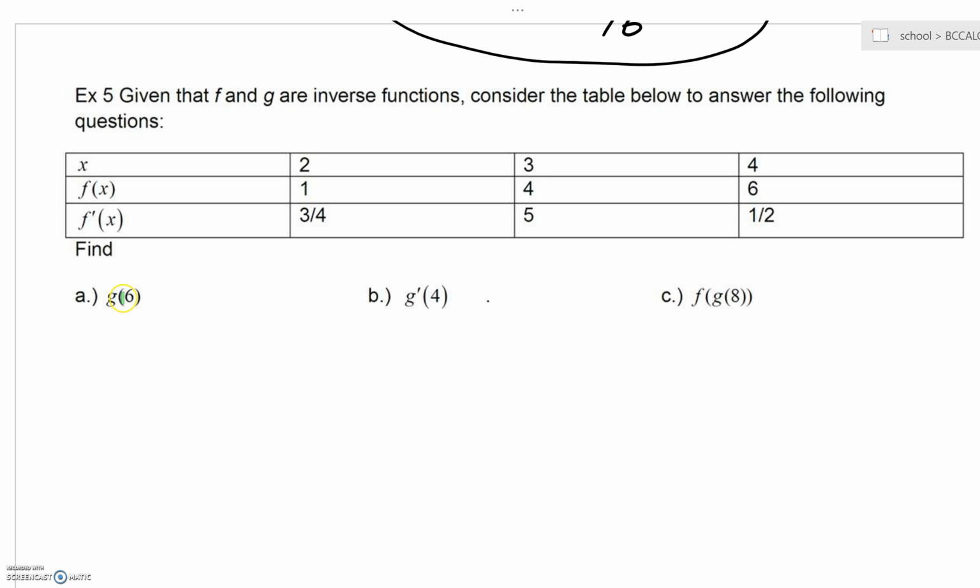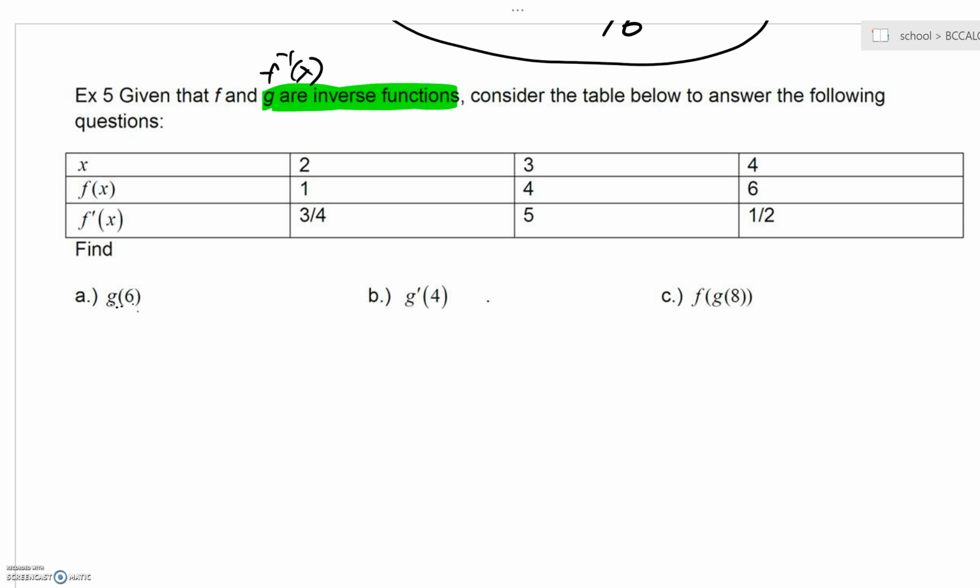Look at this problem. I don't see g. g is an inverse function. g is f inverse of x. And you look right there and you'd say, well, I don't have a chart for g. In fact, they're saying find g of 6. No calculus needed.